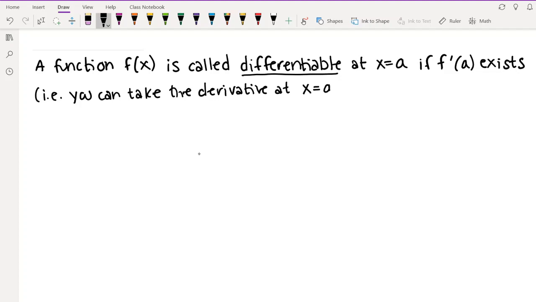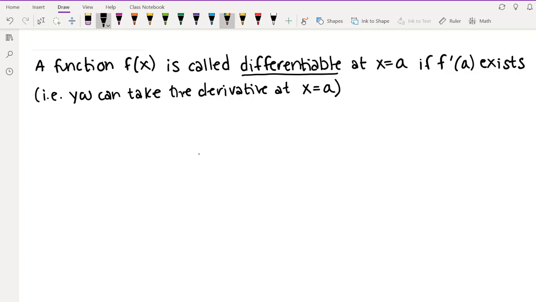So why would it be that you could not take the derivative? Well, think about how the derivative is supposed to be the slope of a tangent line. And so we'll see that the situations where the derivative does not exist are going to be places in the graph where it would not be possible to draw a tangent line.